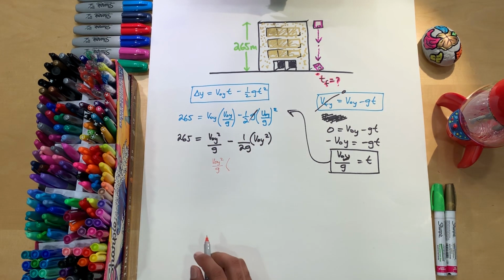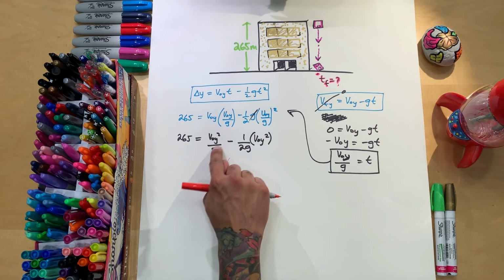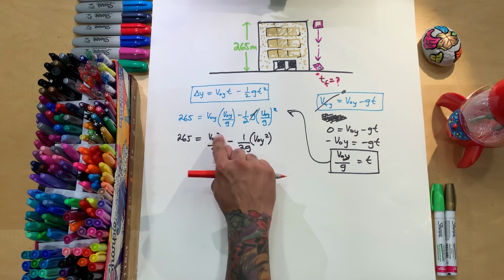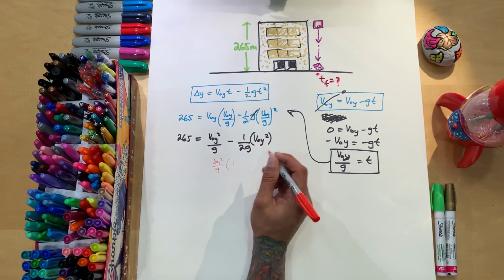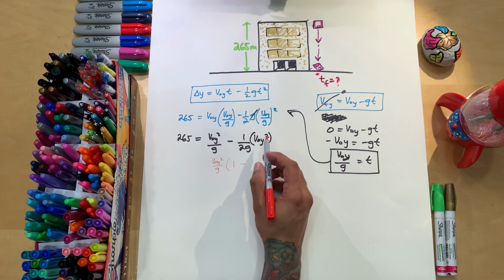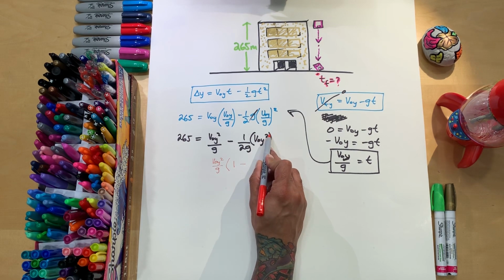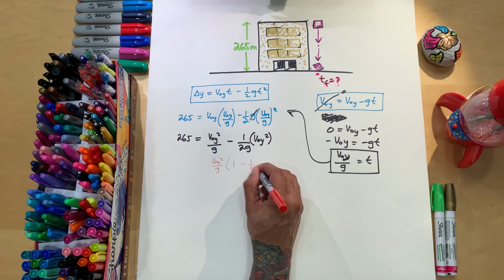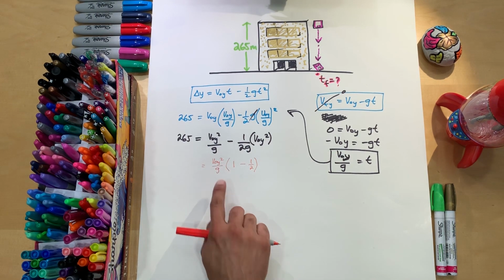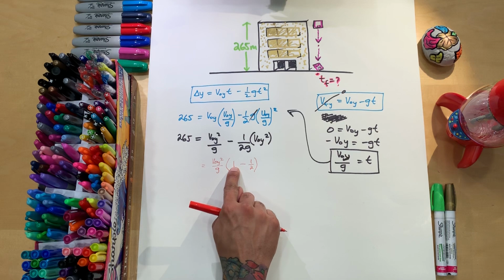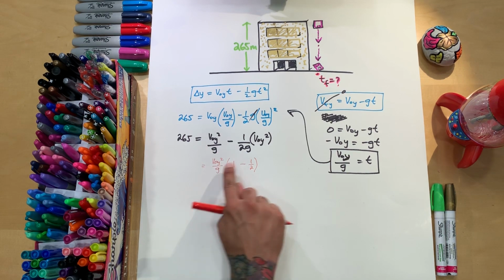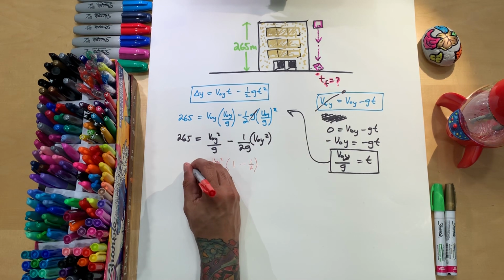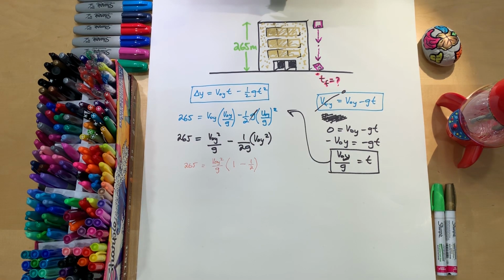I'm gonna put a parentheses, and if from this term I take out velocity initial squared over g, what am I gonna be left with? Just a 1, okay, minus, and if I take out velocity initial in the y squared over g, all I'm gonna be left with is 1/2. So if I distribute this back into this one, I'll get this term. If I distribute this back into this term, I'll get this one. Just a little bit of algebra.